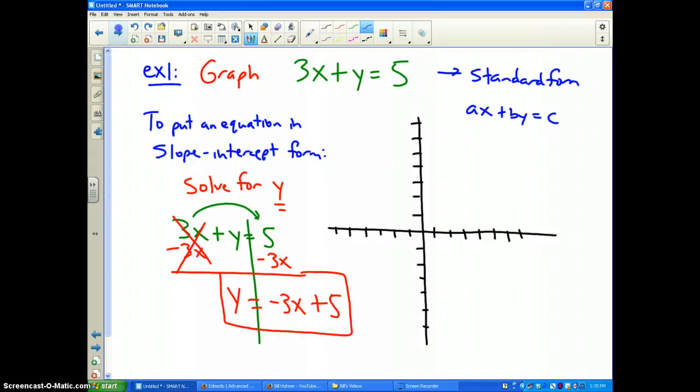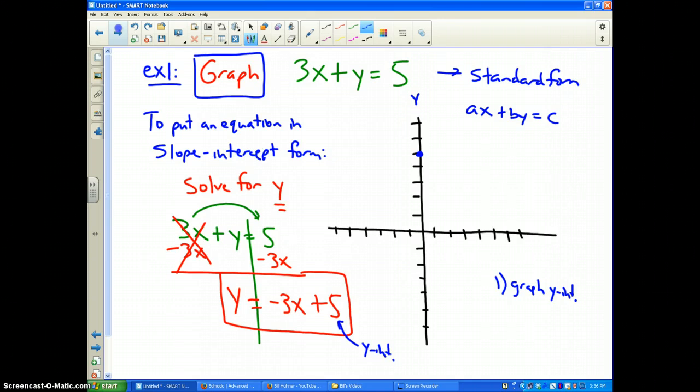Now, when you graph an equation in slope-intercept form, step number 1, graph the y-intercept value. Our y-intercept value is 5. So therefore, on the y-axis, I go up to 5, 1, 2, 3, 4, 5, and I put a dot.